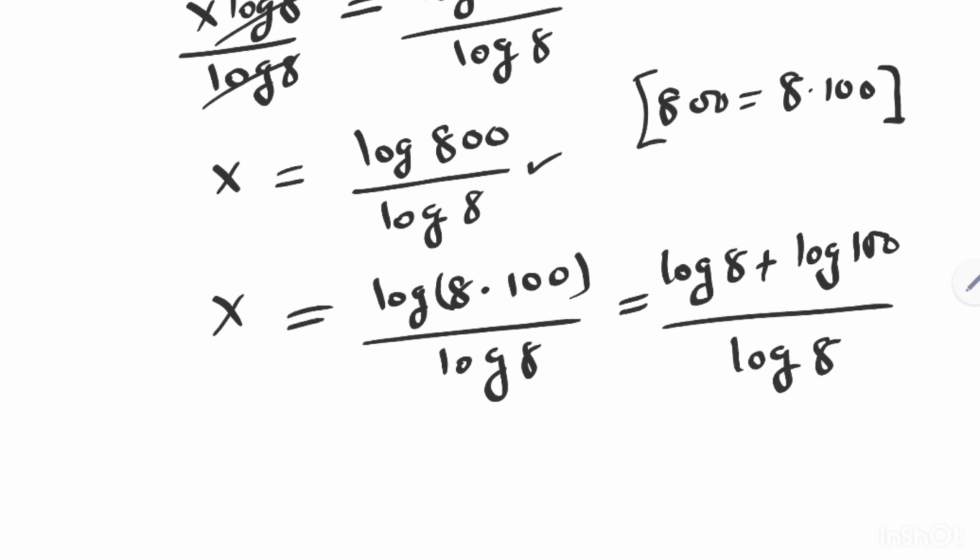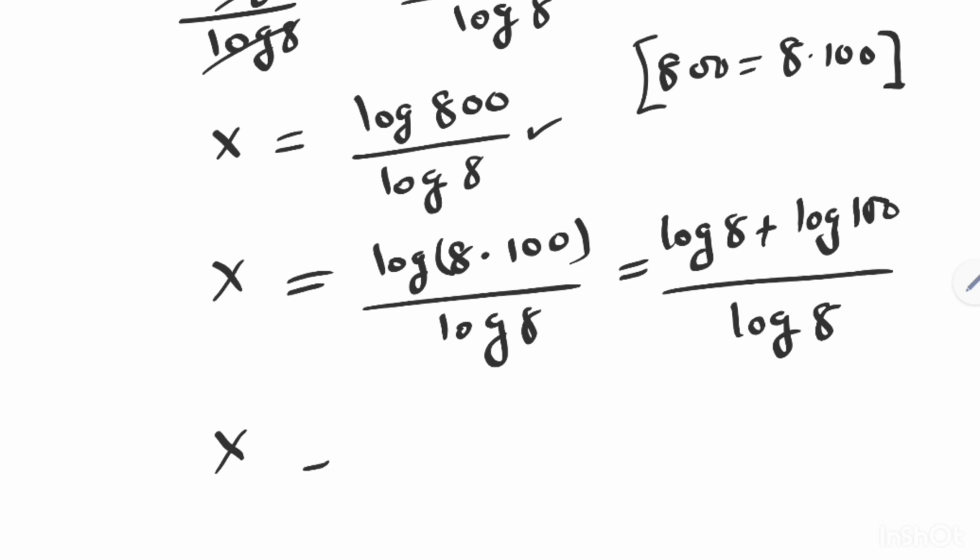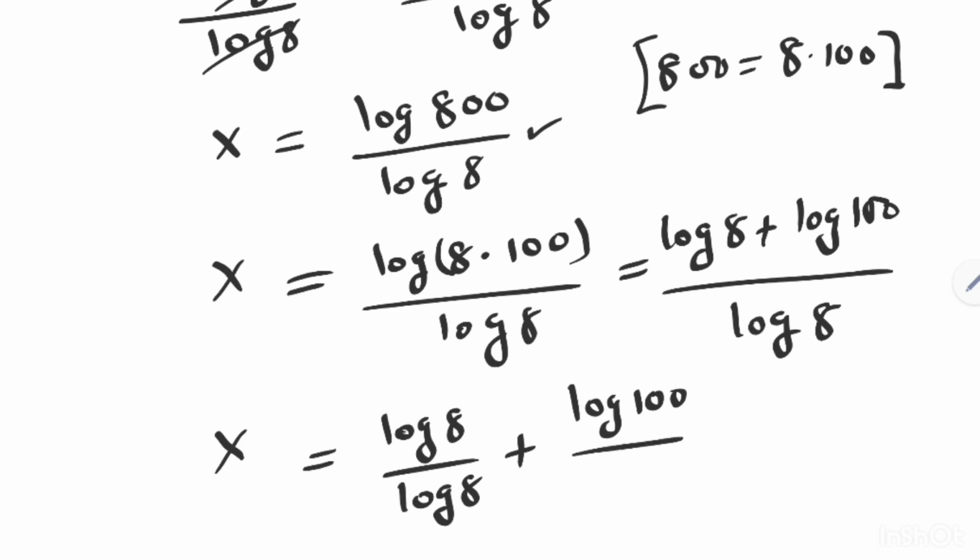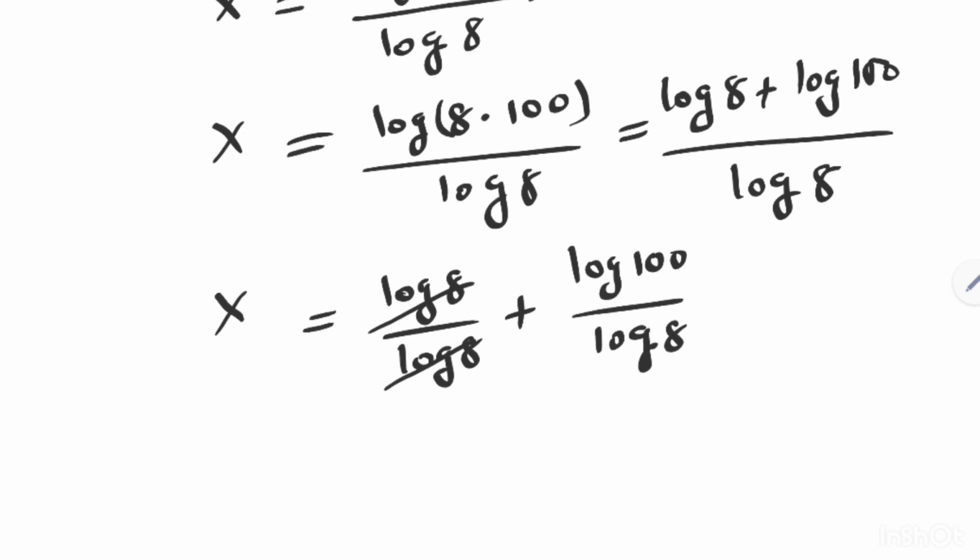Let us split this. x is equal to log 8 over log 8 plus log 100 over log 8. This log 8 cancels this log 8. x is equal to 1 plus log 100 over log 8.